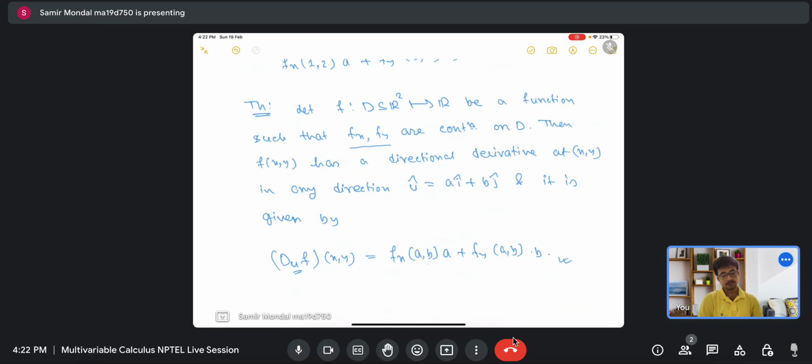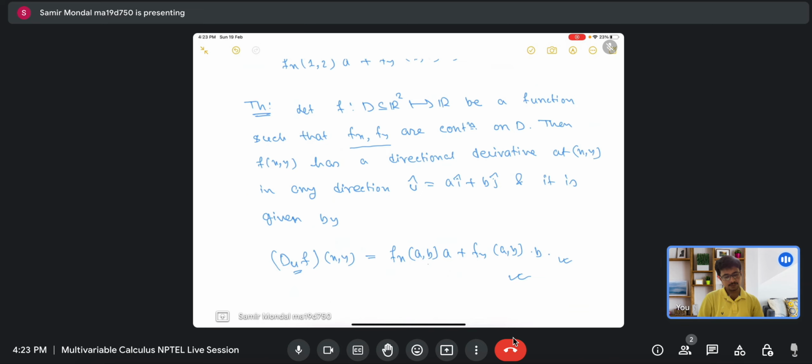If you have a function such that both partial derivatives are continuous, then we can say that the two-variable function, or you can extend this to multiple variables, has a directional derivative at the given point in any direction of a unit vector, and it's given by this formula.